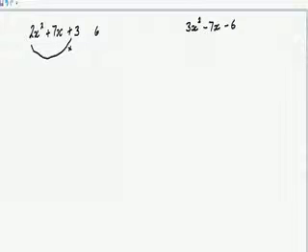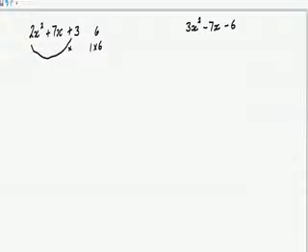And this is a case of the blindingly obvious. 1 times 6 gives me 6, and 1 plus 6 gives me the 7. So I know 1 and 6 are my two numbers.